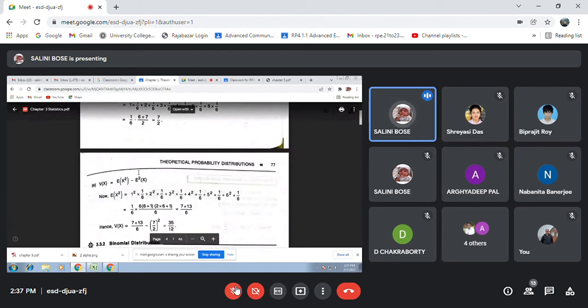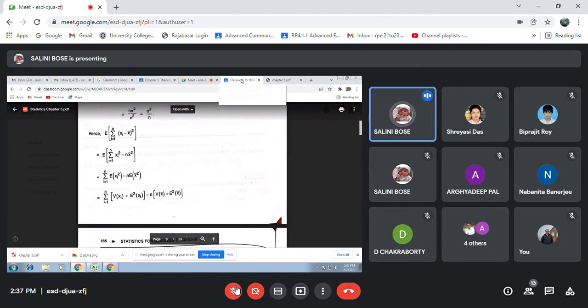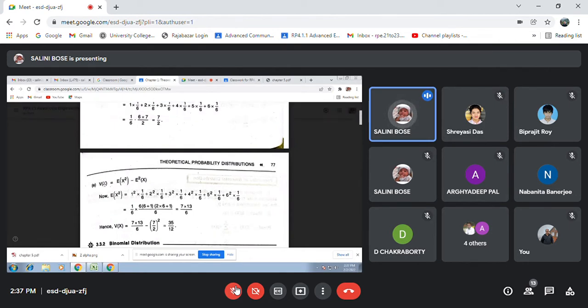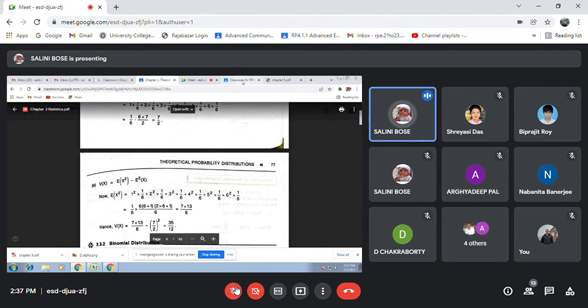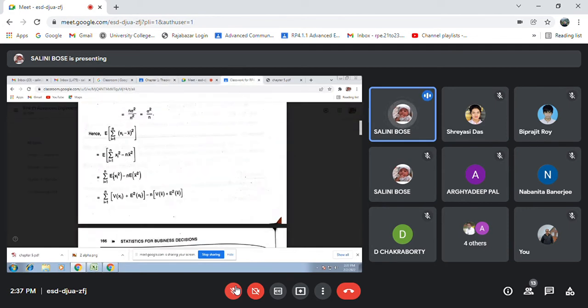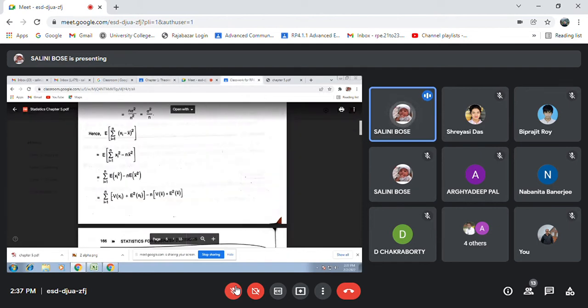This is the formula: variance of x equals E of x square minus E square of x. So E of xi square will be equal to variance of x plus E square of x. In terms of the sample, we can write E of xi square as V of xi plus E square xi. Is it clear? From this formula, you can easily write this.